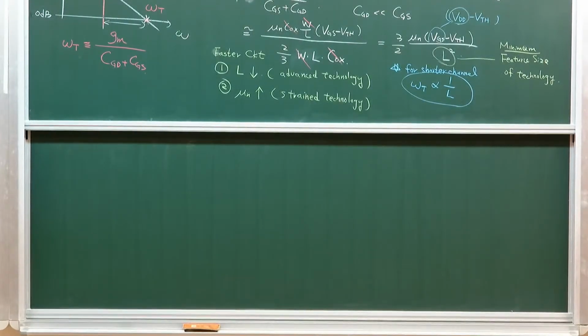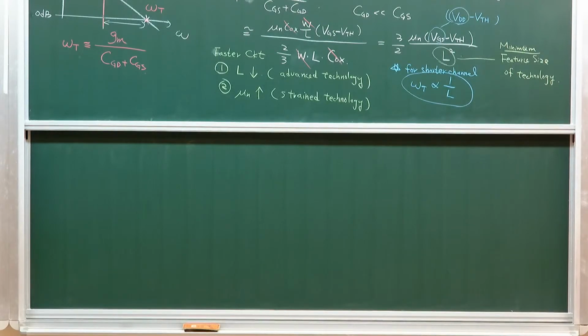So this exercise is mainly to tell you that the main pushing force for technology scaling is actually speed. You want to make your circuits run faster. The best thing to do is to scale, to make it smaller so that it has a faster transistor, meaning that you have higher driving current and smaller capacitance.